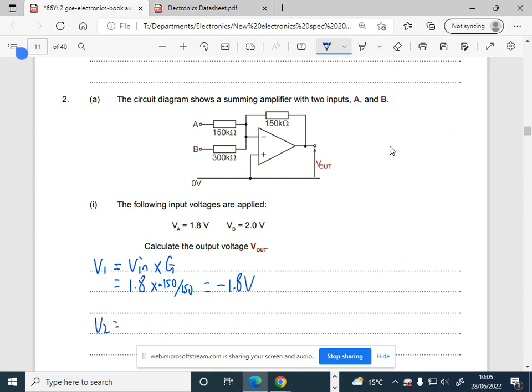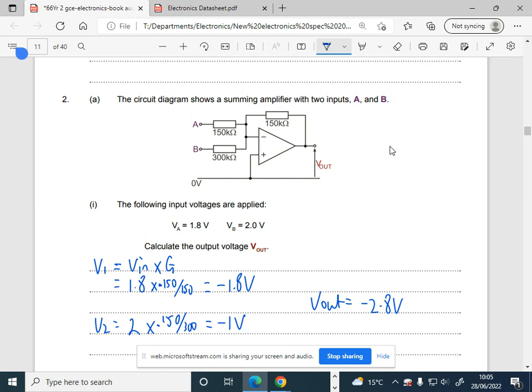So your final answer for that will be minus 1.8 volts. For V2, it's going to be 2 volts multiplied by your gain. Gain is 150 over 300, which I know is a half. So 2 times a half is 1, minus 1 volt. So V out equals, add the two together, minus 2.8 volts.